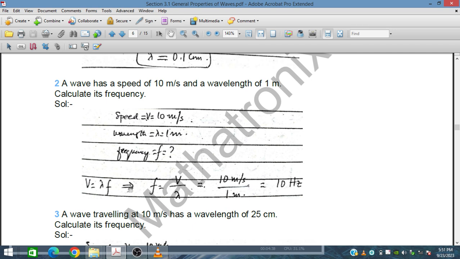It can easily be understood that the frequency is 10, because when multiplied with the wavelength, we get the speed. So v is equal to lambda f, f is equal to v upon lambda. v is 10 meters per second and the wavelength is 1 meter, and we get 10 per second, that is 10 hertz. So this is easy.